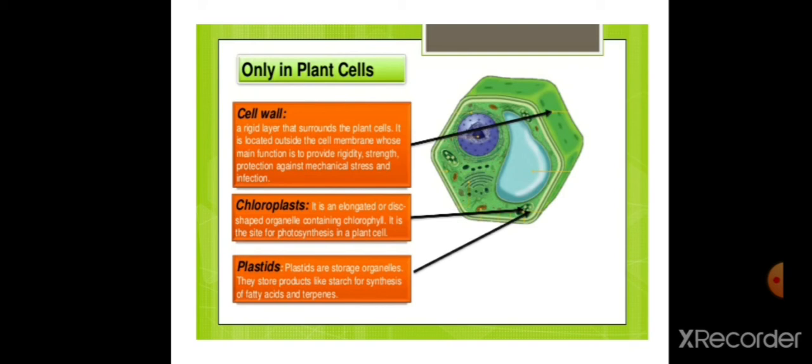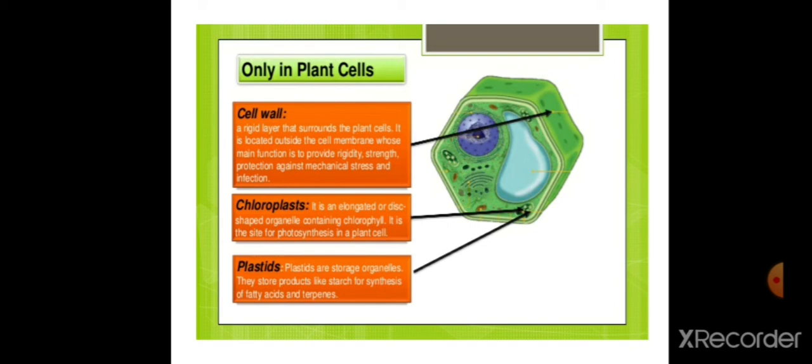Just remember this for some extra knowledge. Plastids are the storage organelles. They store products like starch, for synthesis of fatty acids. Now when the plants photosynthesize, or when glucose is made, the plant cannot store glucose as it is in the cell.